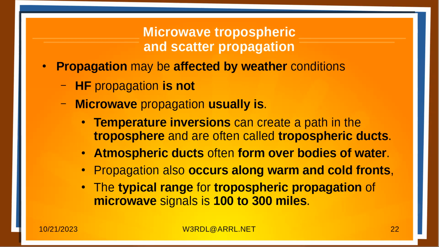You can also have atmospheric ducts over bodies of water, like across the ocean or big lakes. It says you can do propagation along weather fronts, warm and cold fronts, where there's an interface, a junction, like a PN junction in a semiconductor. The typical range is 100 to 300 miles.